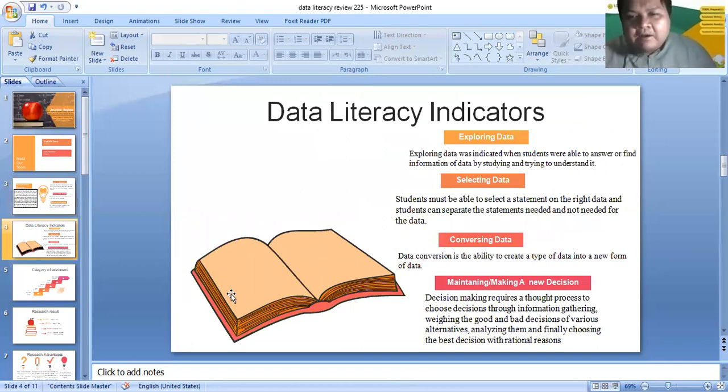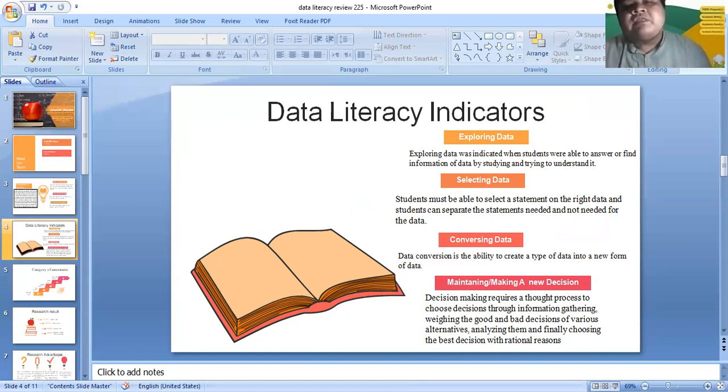Okay, I will explain about data literacy indicators. Related to this journal, researchers needed to measure the data literacy ability of students. So the researchers use four indicators for data literacy ability. Number one is exploring data. Exploring data is indicated when students are able to answer or find information from data by studying and trying to understand it. Number two, selecting data.